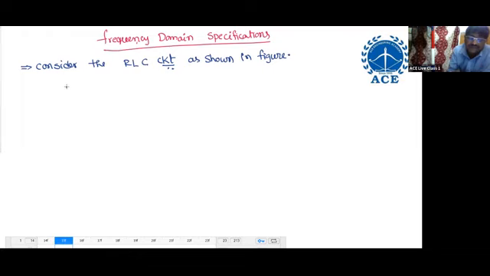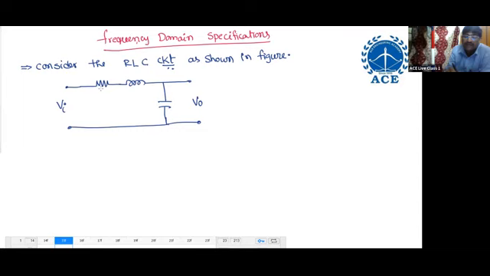So draw it. Come on, find the transfer function.